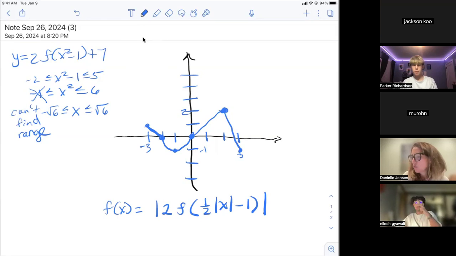Jackson, do you want to ask something while people are working on this graph? Oh yeah, so for 1.12 review, I was kind of confused about how to go about thinking about question number 18. All right, I'm going to look and see what this is. Actually, maybe I'll pull it up here.